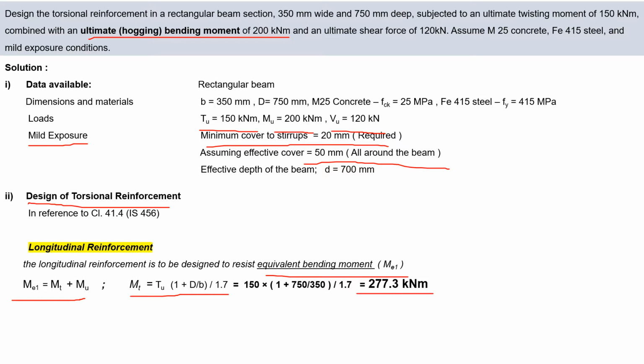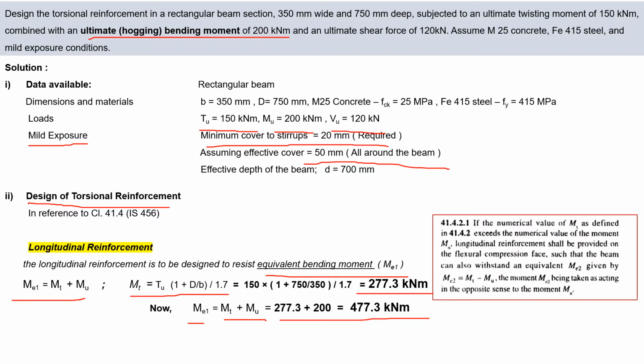That means torsional moment is converted into bending moment. So this comes out to be 277.3 kilonewton meter. And after that, we can easily calculate Me1, that is the equivalent bending moment for which we need to design the reinforcement. So Mt plus Mu comes out to be 477.3 kilonewton meter.